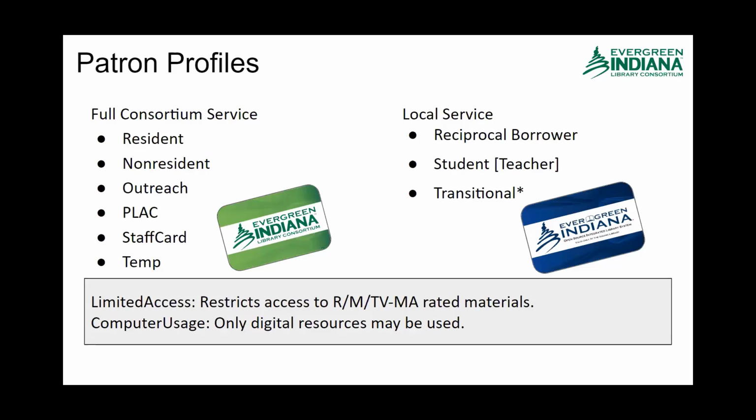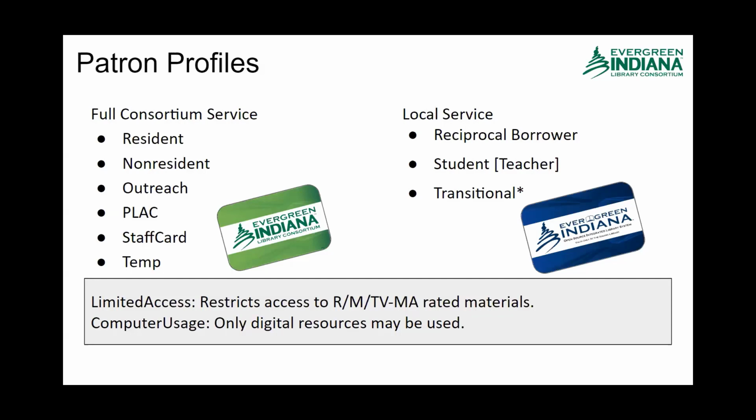So if they are going to get full consortium service, which means they can borrow anything from your library, they can place things on hold from other Evergreen Indiana libraries, they can go to another Evergreen Indiana library and borrow there in person, they can return things at any Evergreen Indiana library, that being full consortium service. They will need to have a resident card, which means that they reside within your service area.